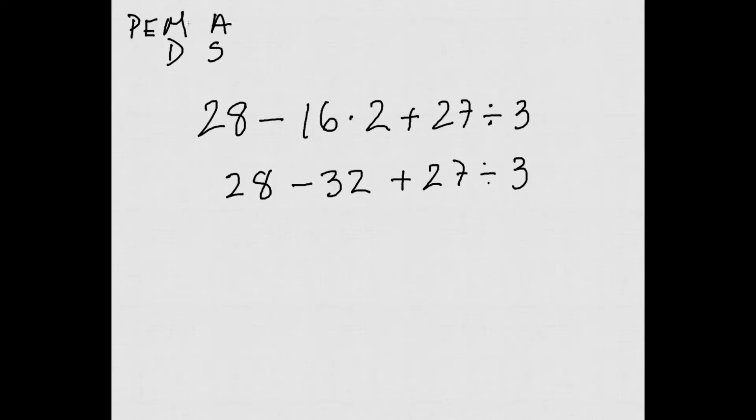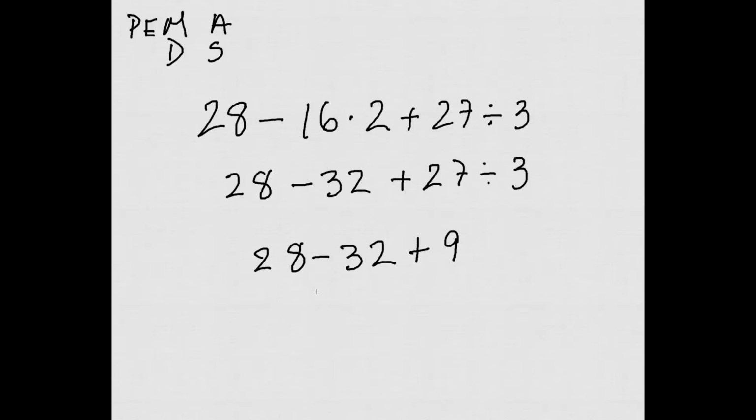Then the next step after multiplication is division. From left to right, you see if you have any division, and here we have one: 27 divided by 3. So we do the division and write everything. 27 divided by 3 is positive 9, plus 9. After division, we have addition or subtraction, depending on which one comes first.